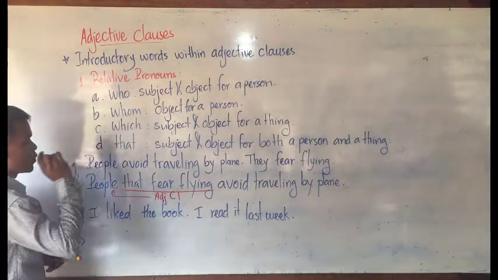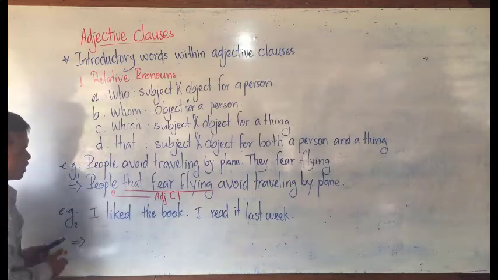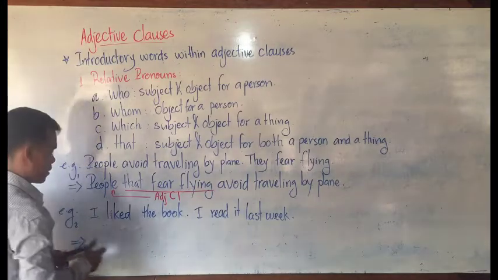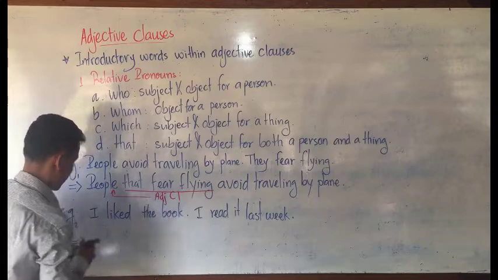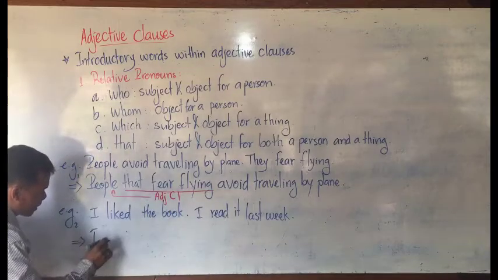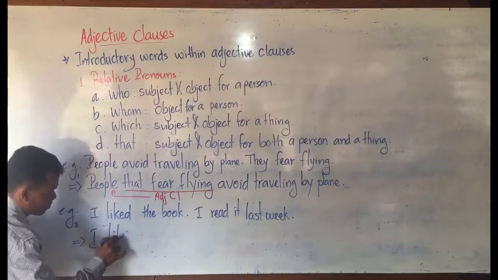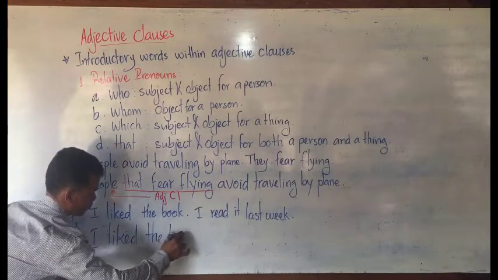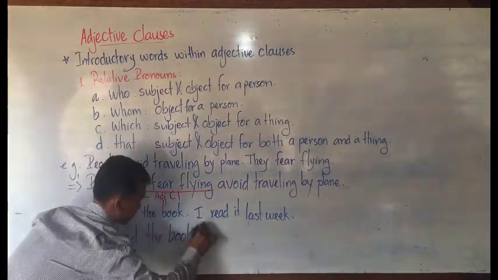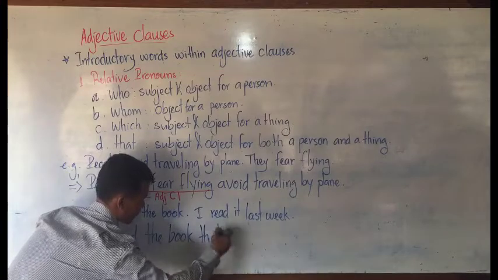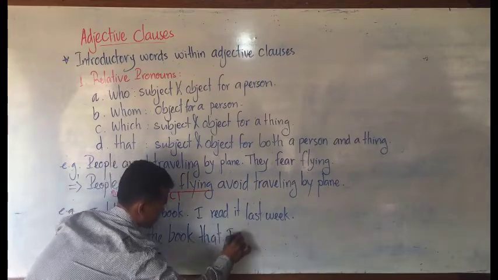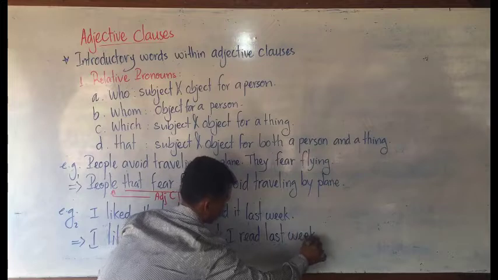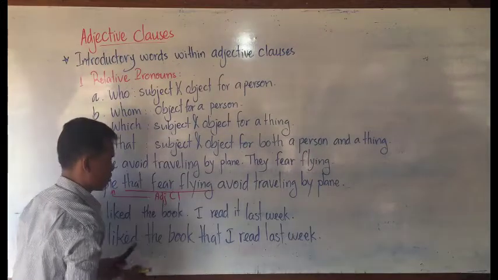I like the book. I read it last week. So "book" and "it" are the same thing. We can combine the sentences like this: I like the book that I read last week. How about the adjective clause here?